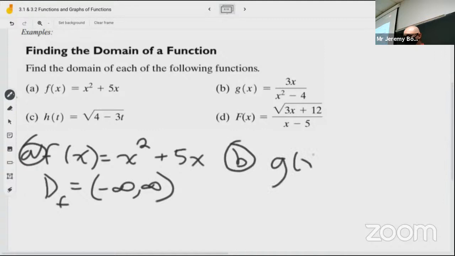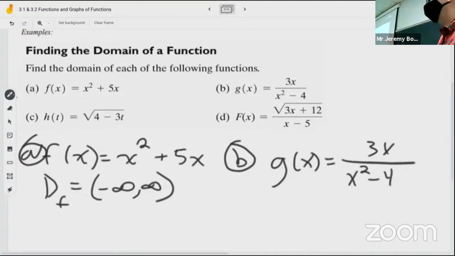G of x is 3x divided by x squared minus 4. Once again, we're going to start. Be whatever it wants. Negative infinity, positive infinity, no restrictions. Is there an x in the denominator? Yes. So we want to make sure that we get rid of the values that'll make that 0.